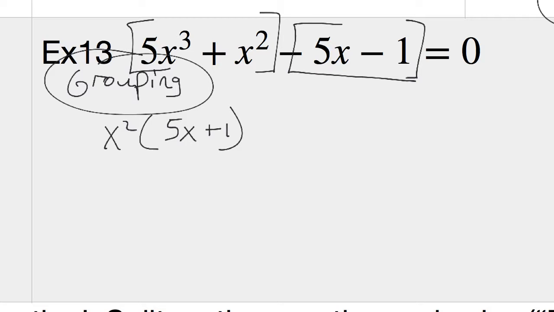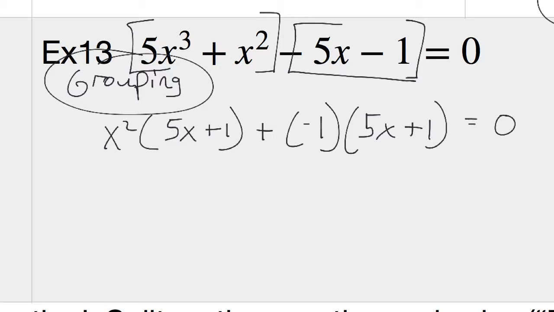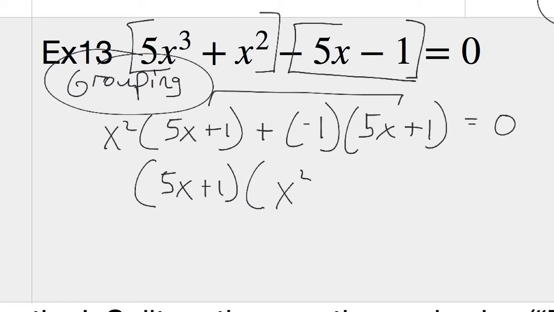And I know there's subtraction here, so I'm going to just factor out a negative 1. equal to 0. And look, we've got two 5x plus 1s. So when I factor that out, 5x plus 1, I get x squared minus 1 is equal to 0.